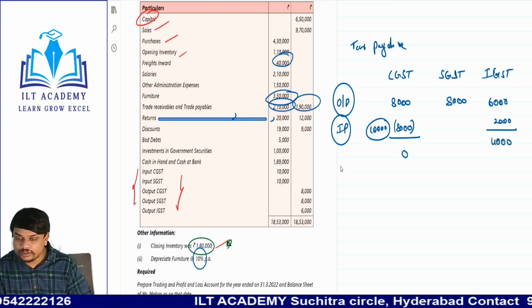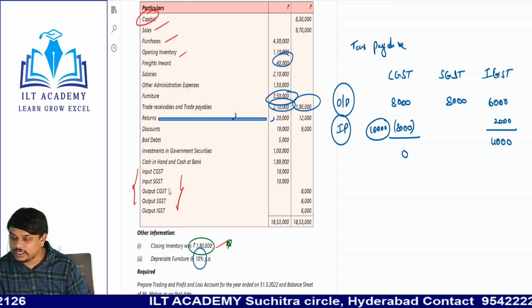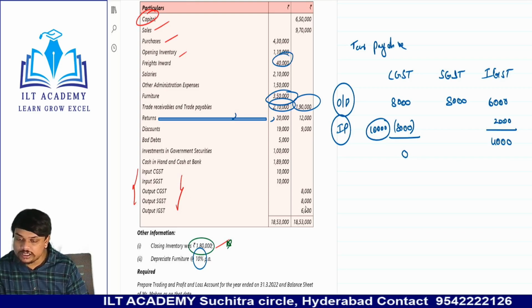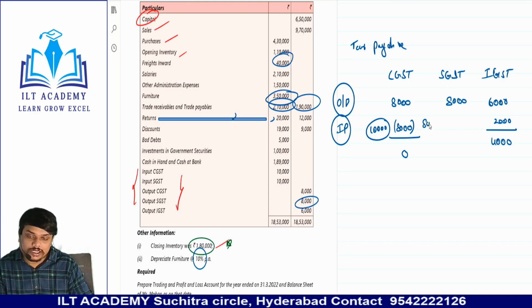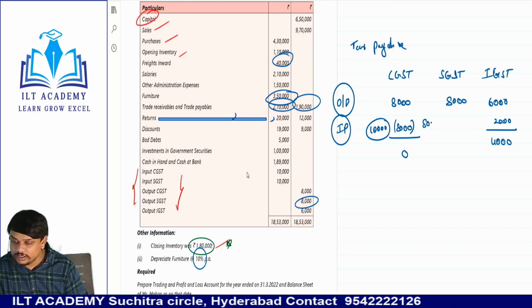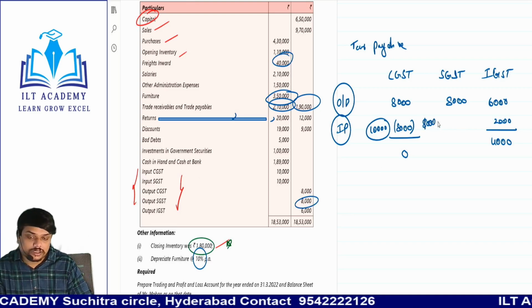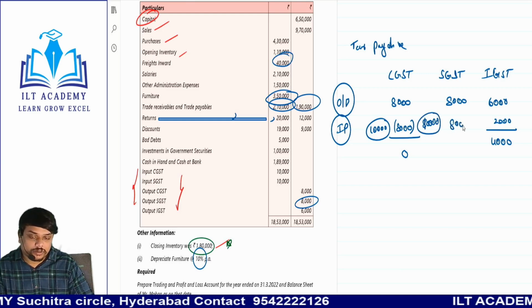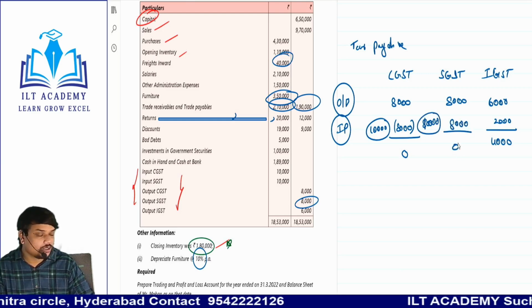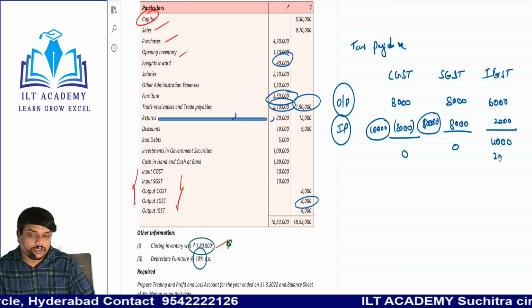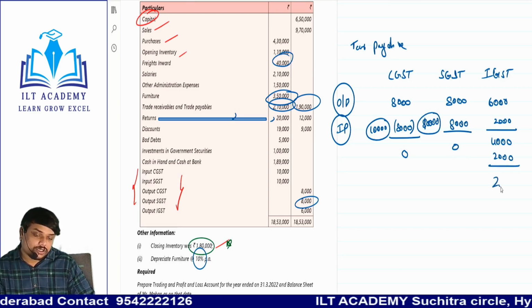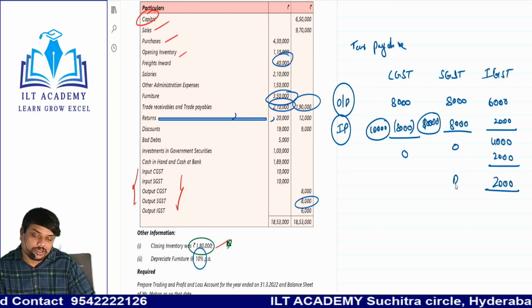Now input available in SGST. Input SGST available is how much? Same 8,000, again 8,000, sorry. Input available is 10,000. So out of 10,000, 8,000 will be utilized over here. This liability is going to become 0, and the remaining 2,000 you can utilize for IGST. So balance payable is how much?